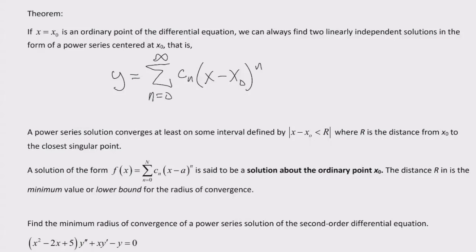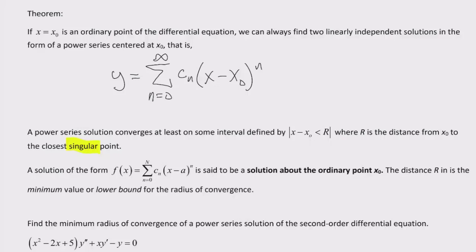So I want to emphasize that because we've just defined that term. So when we start talking about singular solutions, it's like, why are we talking about this? Well, that's because this theorem guarantees that we're going to have a solution where that distance to the singular point is defined by that radius of convergence.